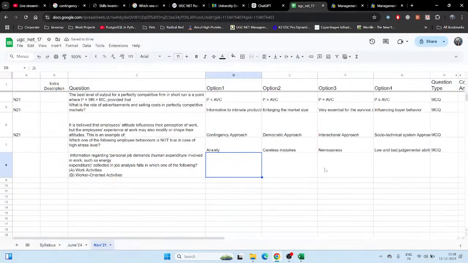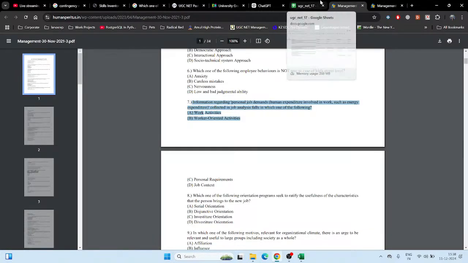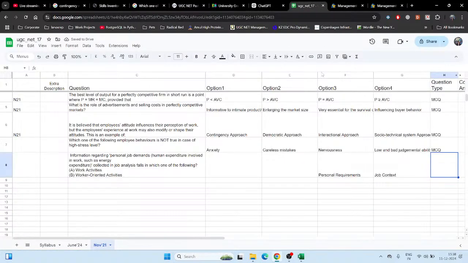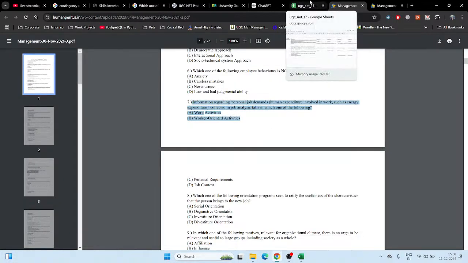Personal requirements, job context. Work activities.